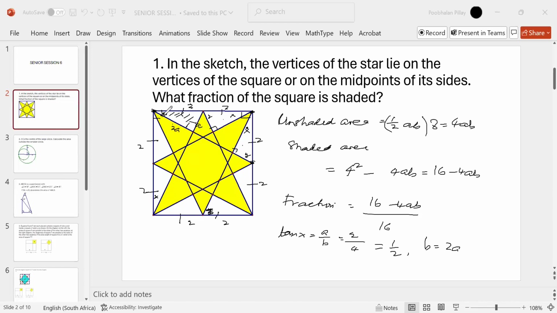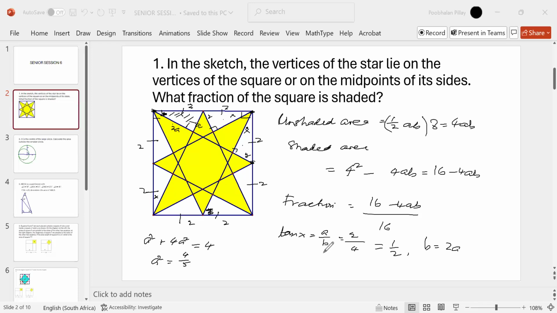But now you have a right angle triangle, and that hypotenuse is 2. So if you use Pythagoras on this, you have A squared plus 4A squared is equal to 4. This squared plus that squared is the square on the hypotenuse. So 5A squared is equal to 4. So therefore, A squared is 4 over 5.